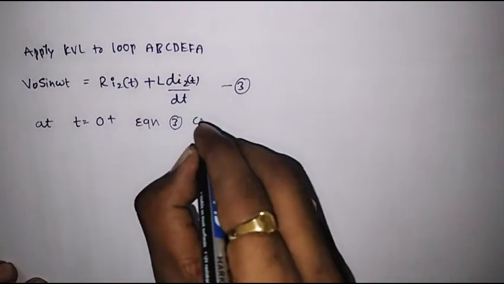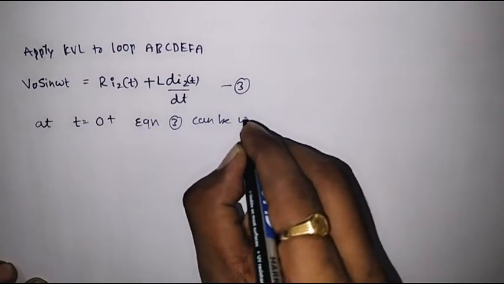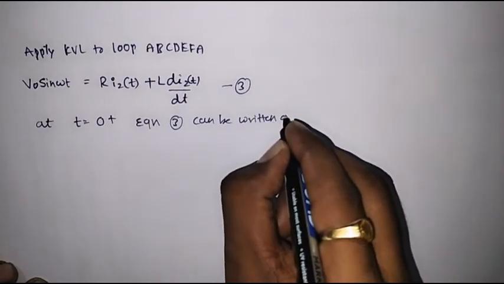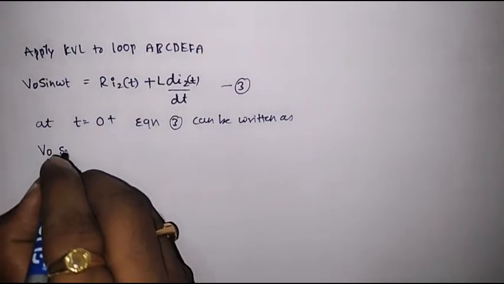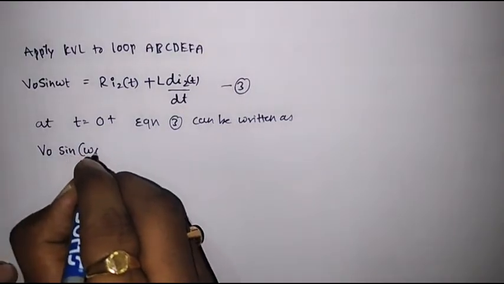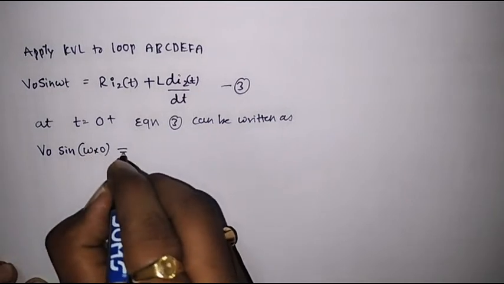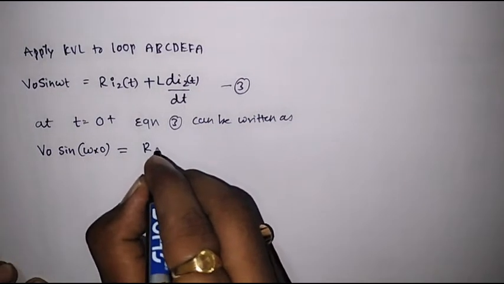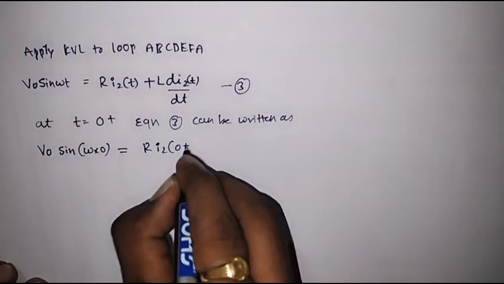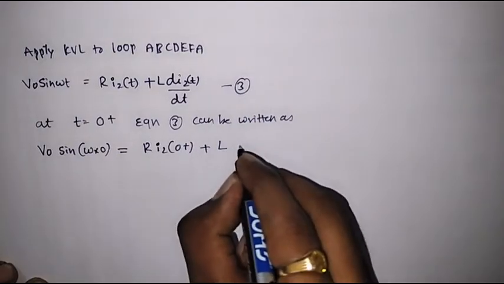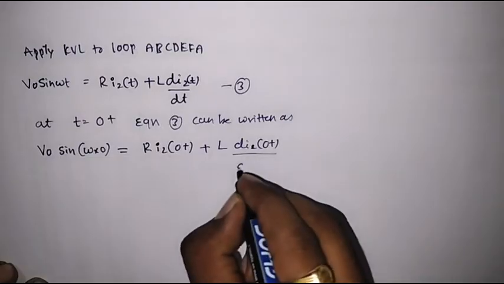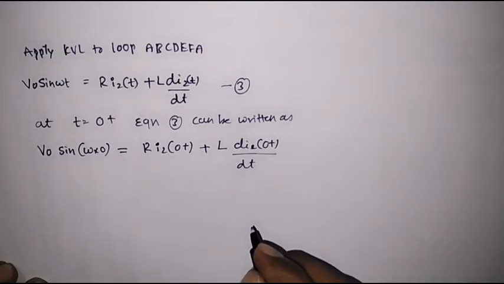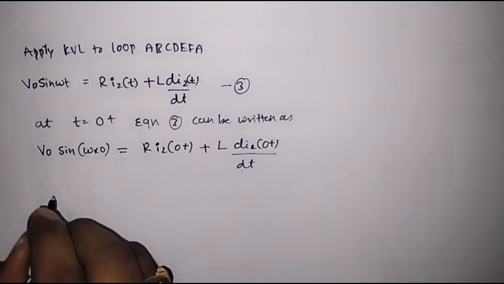Equation 3 can be written as V0 sin(omega times 0) is equal to R I2(0+) plus L di2(0+)/dt. Therefore I can simplify this.